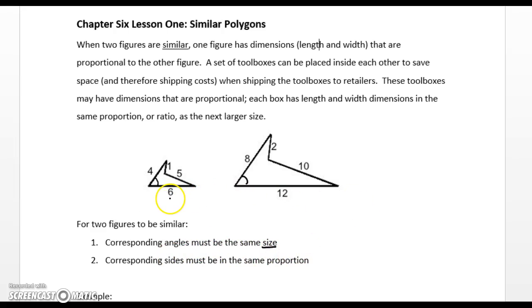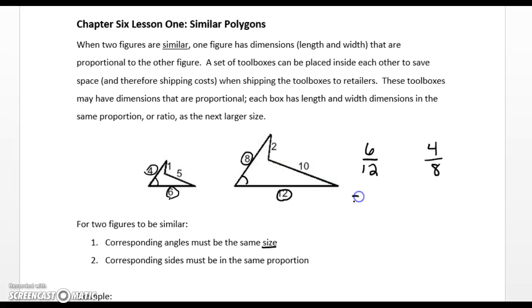So if I were to check this bottom side and create that as a rate, so 6/12, then that same rate we'd have to get for a different side. So say we had 4 and 8. Right now, those two sides do not look like they'd be proportional.